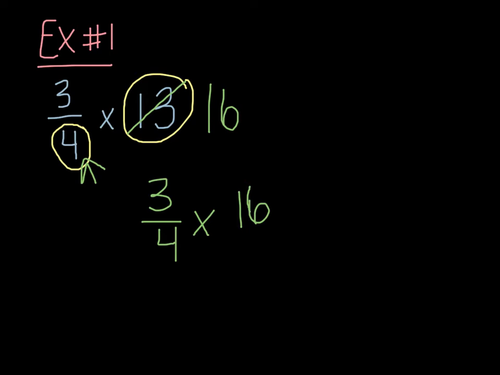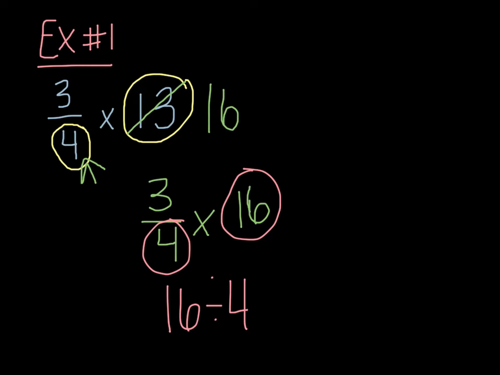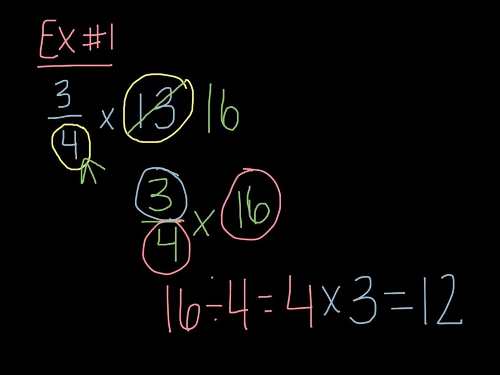I can put 16 over 1 and multiply straight across, or to save myself the trouble, I can go ahead and divide 16 divided by 4, and we know that equals 4, and then I just multiply that by my numerator. So then I get 12 as my answer.